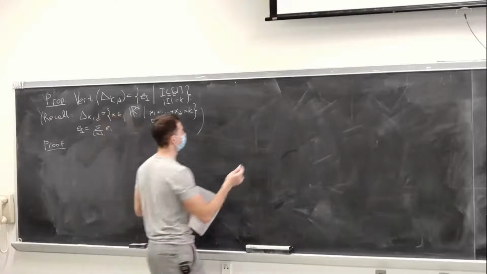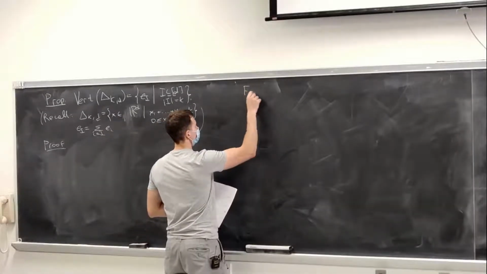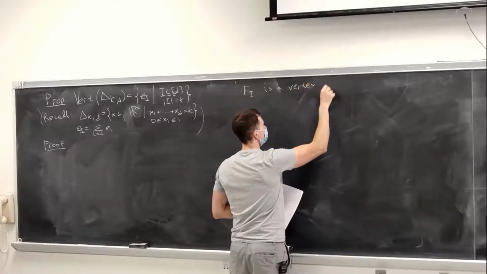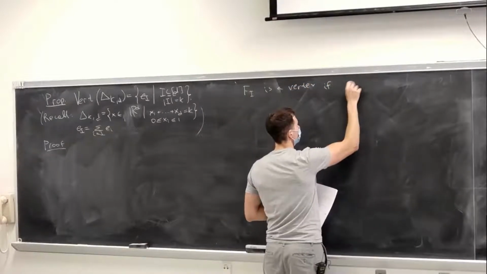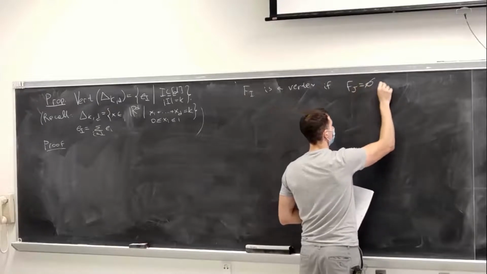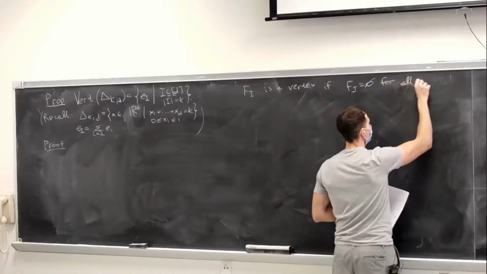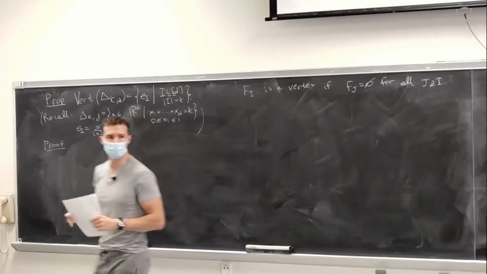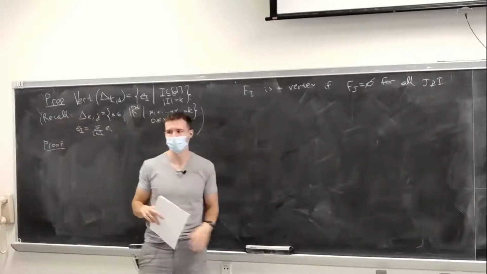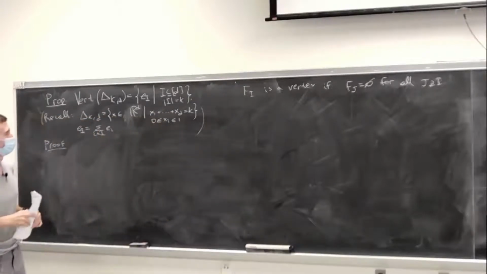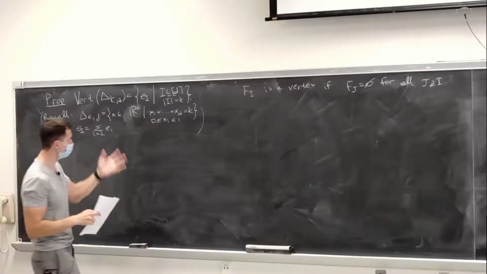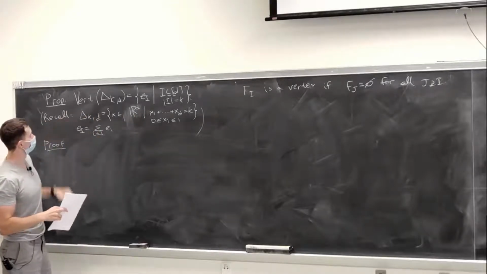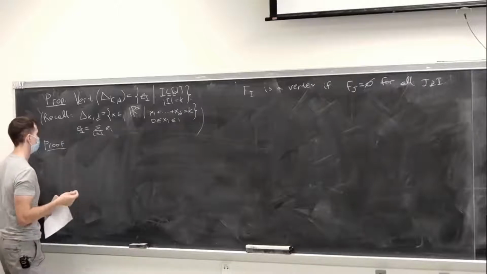There was some characterization where F_I is a vertex if F_J is empty for all J strictly containing I. That was one of the characterizations of the vertex. This property is what I want to illustrate right now, because it is very useful for determining the vertices of the hypersimplex.